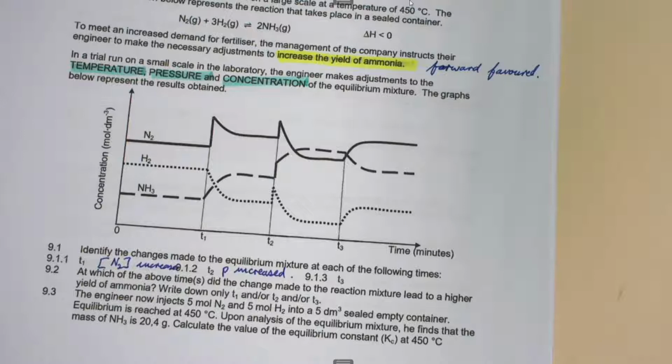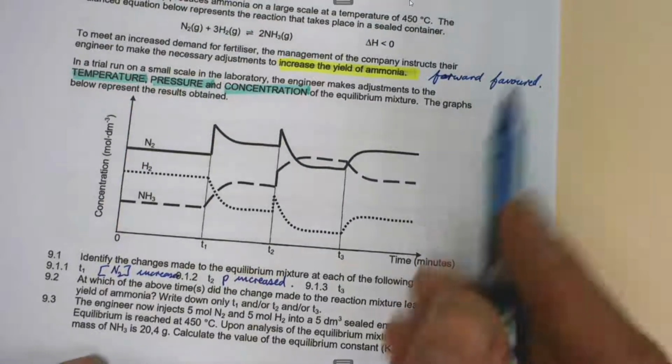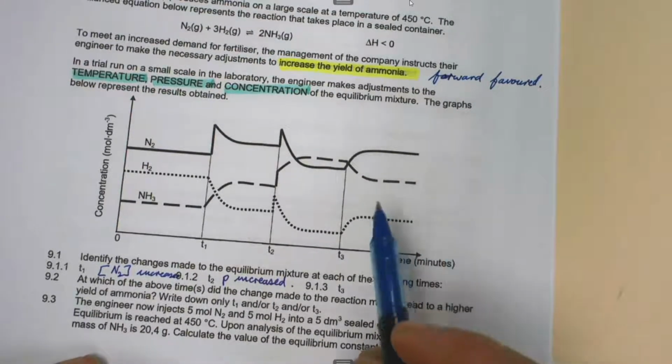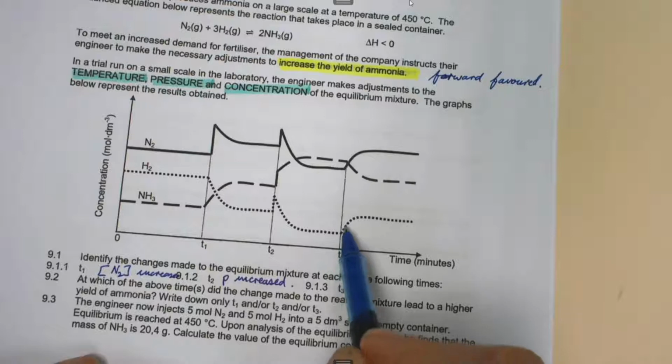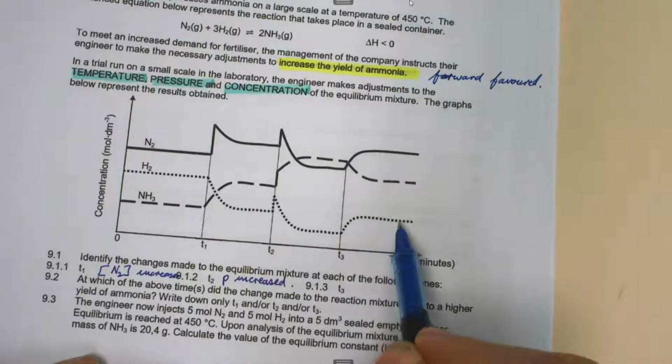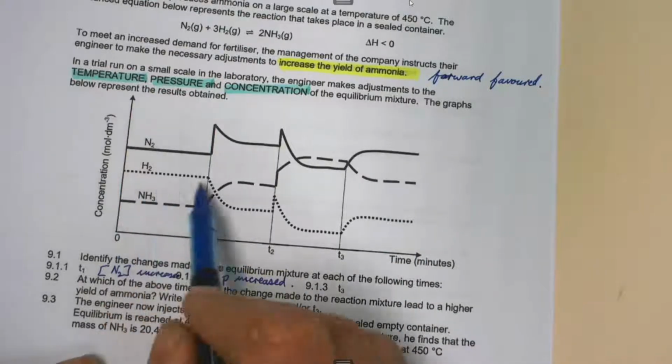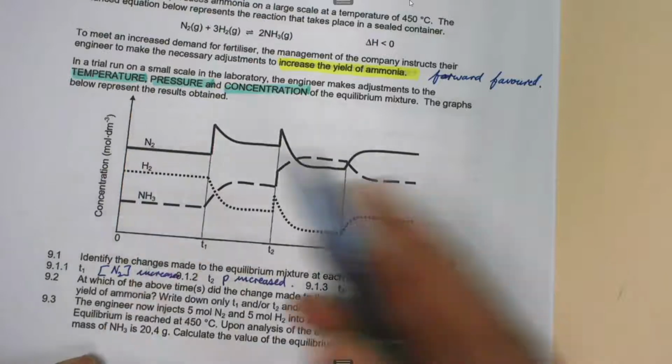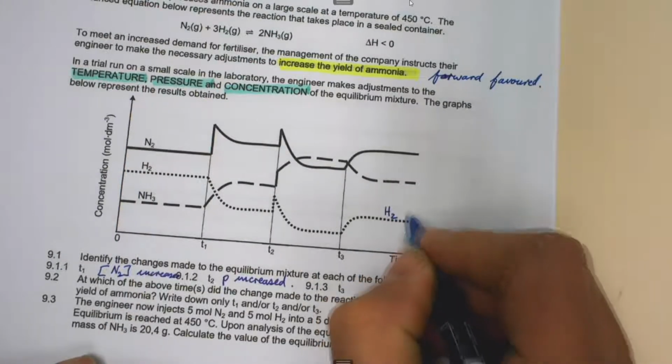Let us now just see what was the change in temperature. Now if I look at this, I can see that the NH3 concentration increased. No, sorry, the dotted line is the H2. So the H2 concentration increased.